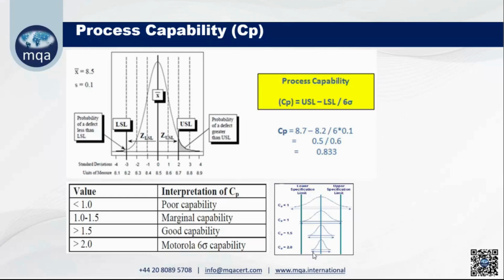It means the width of the process is half of the tolerance. 1.5 means 0.25 here and 0.25 here is still remaining. CP is 1 means our specification and our spread are cut to cut.